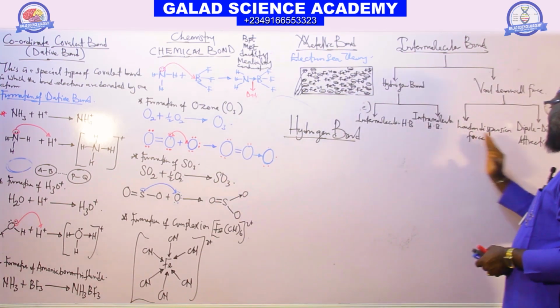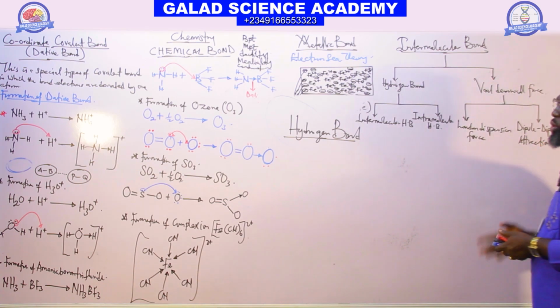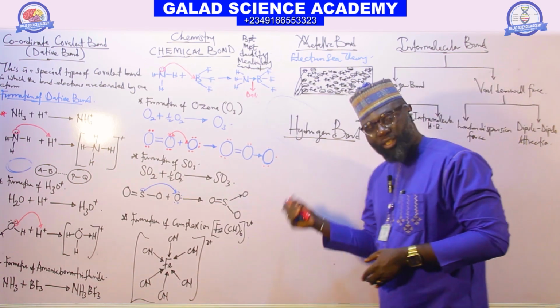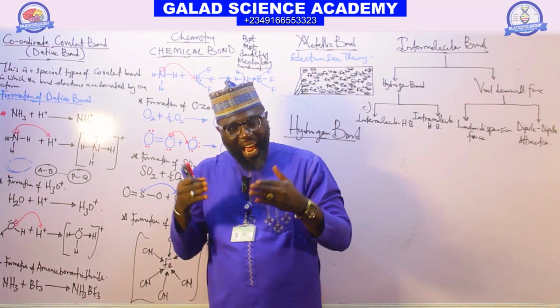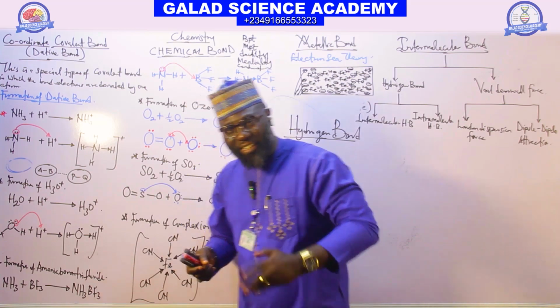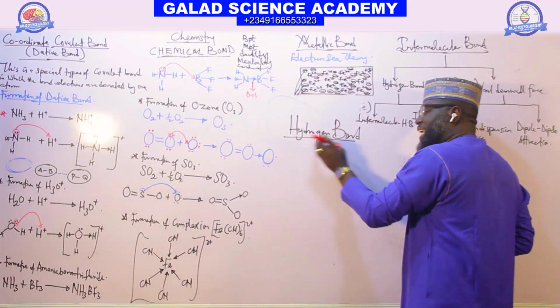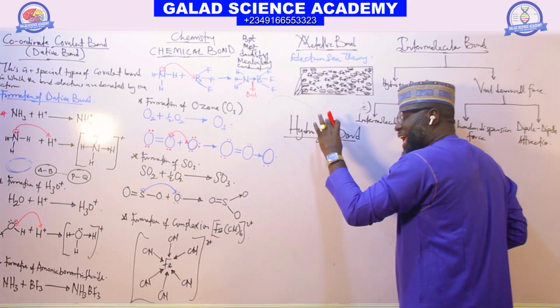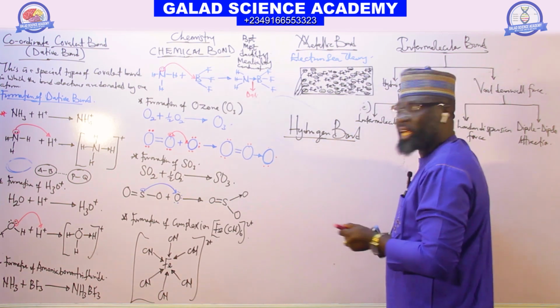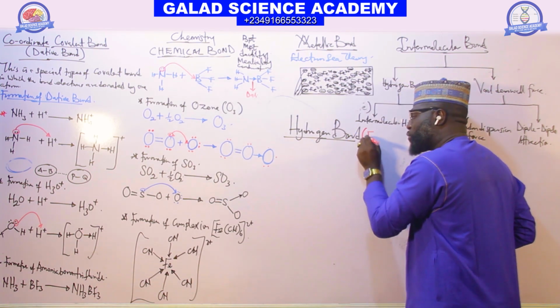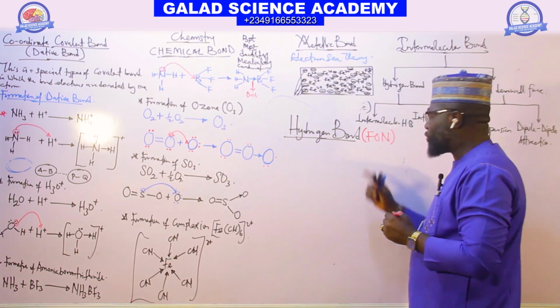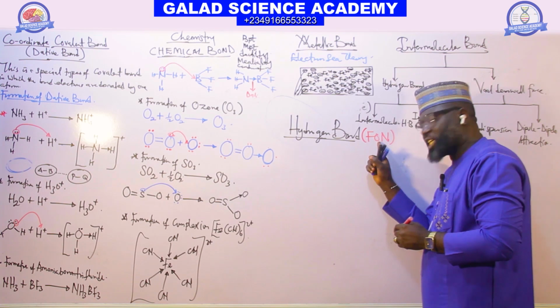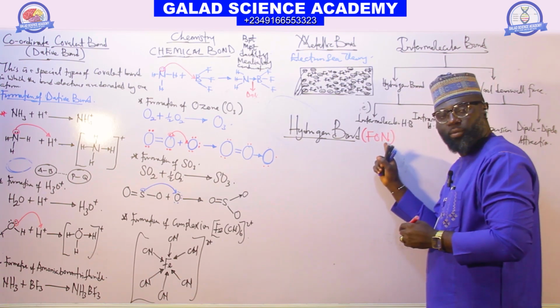Others are not real bonds. So hydrogen bond is a bond that exists between hydrogen and an element of higher electronegativity, such as fluorine, oxygen, and nitrogen.